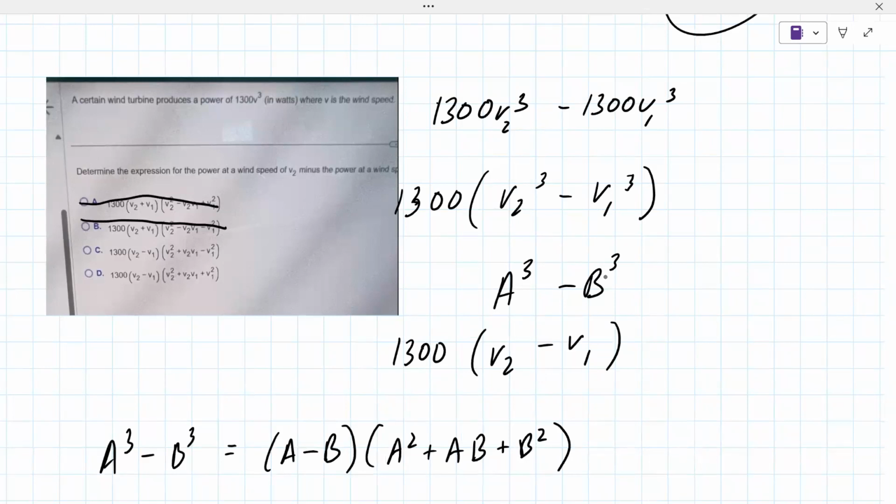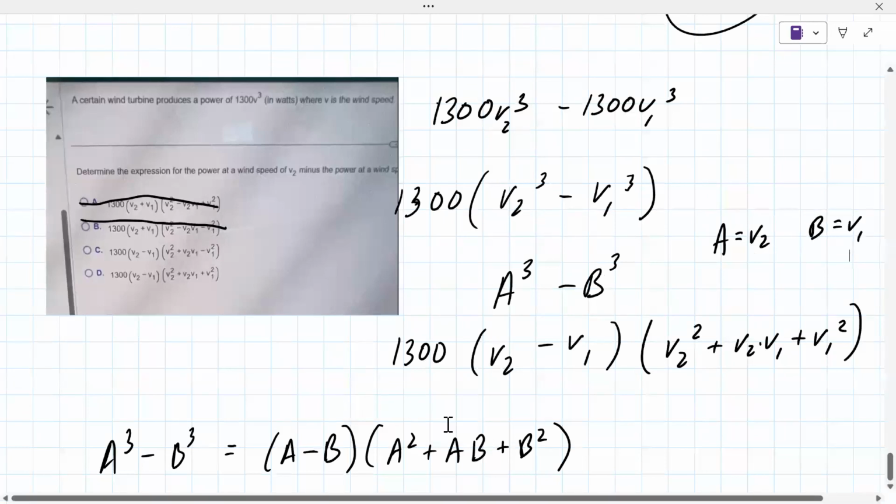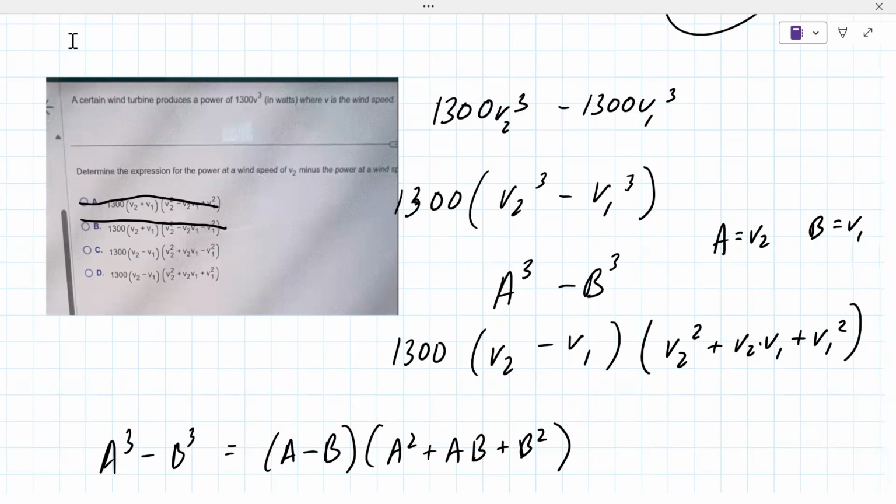Your a is v2 and b is v1, so it's v2 minus v1, bring the 1300 down, that gets you down to choices C and D, and then v2 squared plus v2 times v1 plus v1 squared. Really it's all about identifying what's a and what's b, so you can use the identity. So the answer is letter D.